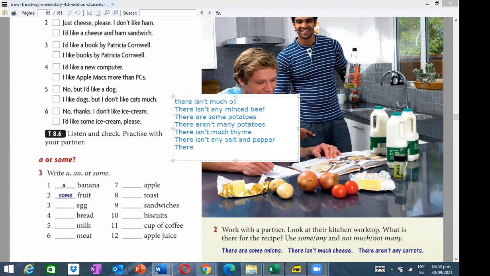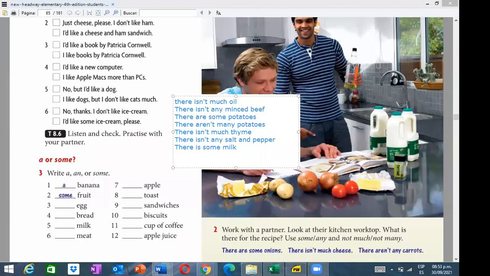Yes, so we can say there is some milk. There is some milk. Okay, hay algunos, ¿cierto? O podemos decir there are 3 bottles of milk, right? 3 bottles of milk. Yes, that's it. Another idea, students.